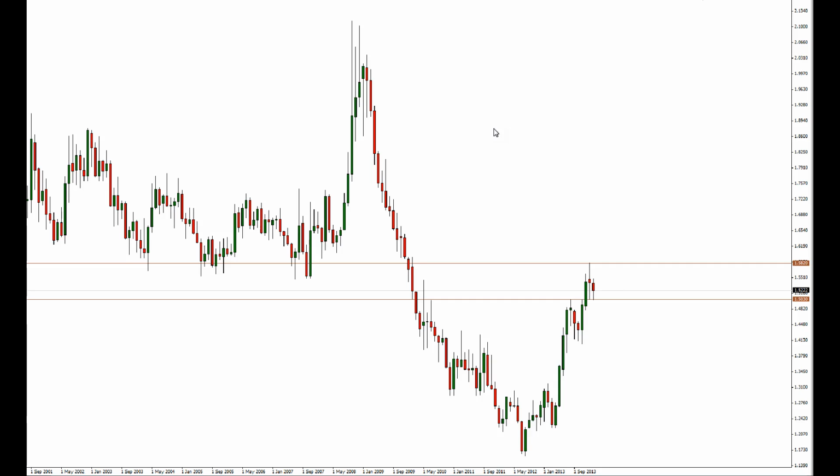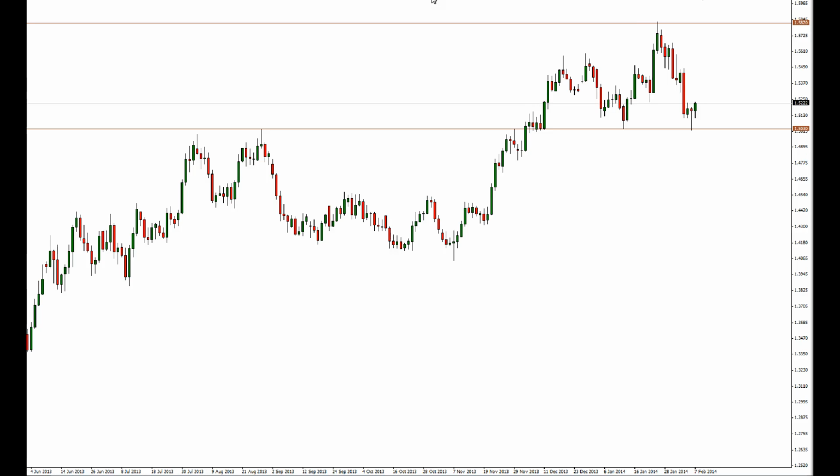I repeat, it's always a range market, but only on a lower time frame. Here I go. Okay, it's a very simple way to take some advantage from the market, reading the price on a higher time frame.